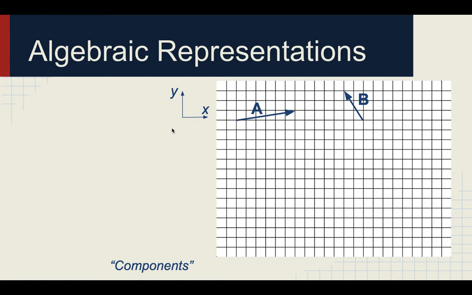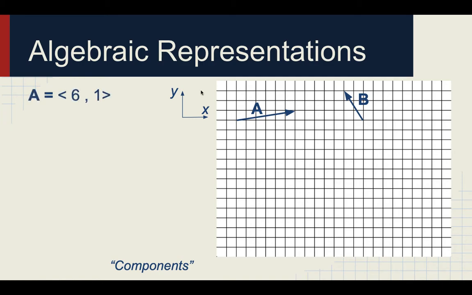Okay. Vectors also have algebraic representations. So for example here we have this vector a, and if we want to represent it algebraically, we can represent it in something called component form. So let's imagine x and y axes set up like this. Now to write a vector in component form, we use the x component, which is basically how far it points in the x direction, and the y component, which is how far it points in the y direction.